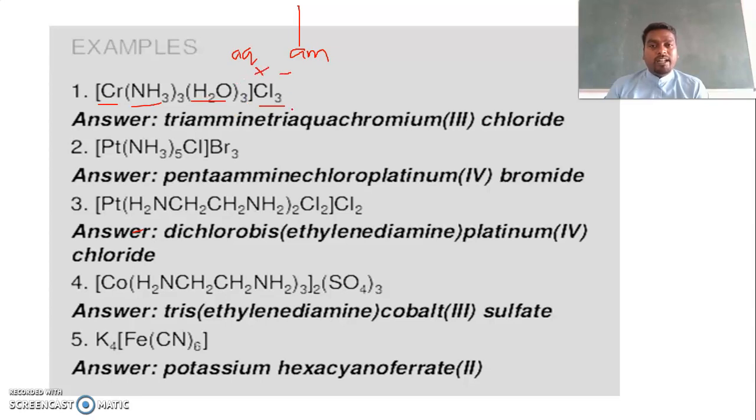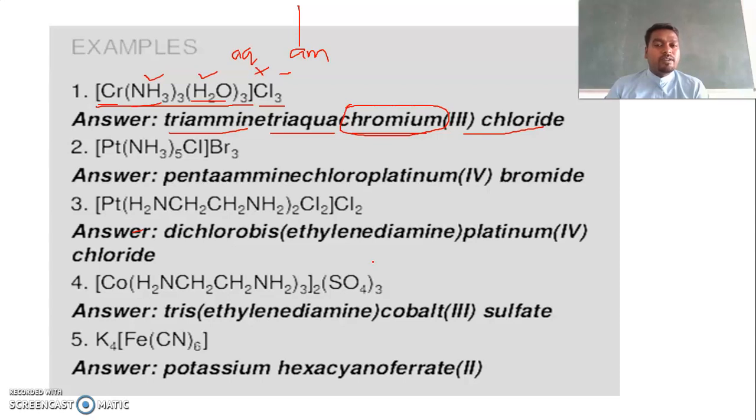Chloride is negative. That's why we have to write this positive coordination sphere first. While naming this positive coordination sphere, we have to take ligand first, metal next. There are 3 amine, that's why triamine, triaqua, chromium 3 chloride. In case of positive complex, the name of the central metal atom is used as such.